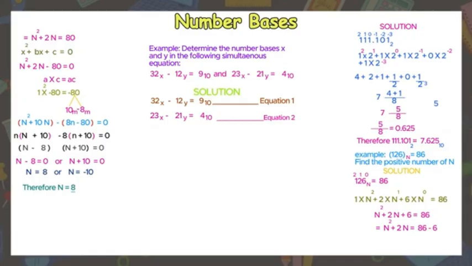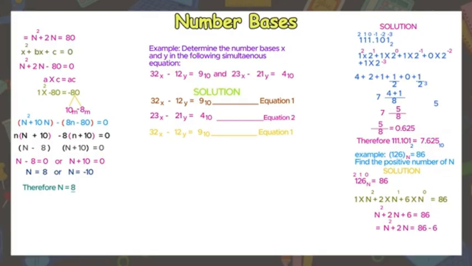The next one is 23 base x minus 21 base y equal to 4 base 10, equation 2. Let's first deal with equation 1: 32 base x minus 12 base y equals 9 base 10. Now we expand. Conversion to base 10 is expansion.